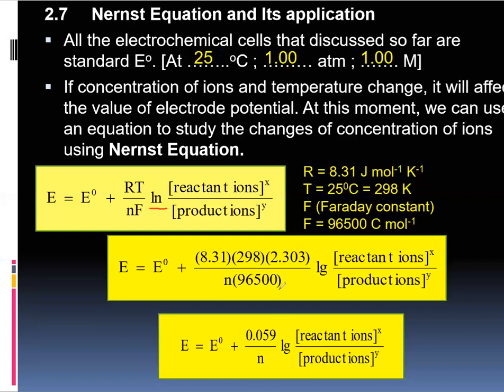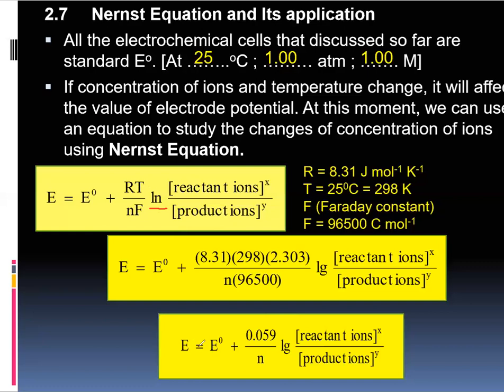So instead of having this long formula, which I would advise you to still know, you could just use this summarized one, which has already calculated your RTF. All that you will need now is the N, which you will get from the equation that will be given to you.